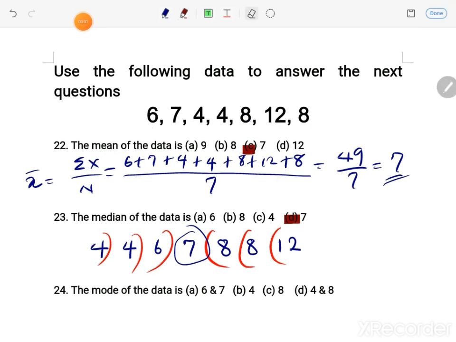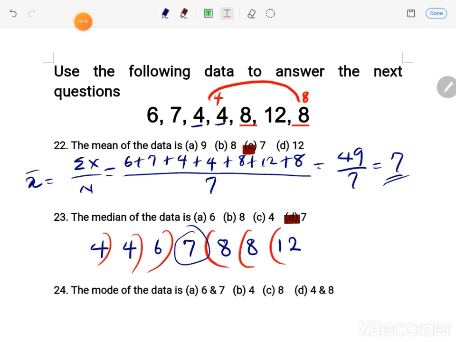Now, let's talk about the mode. In this distribution, we notice that we have 4, and we also have 8, which appears 2 times. In this case, the 2 different numbers are going to be taken as the modes. 4 and 8 are the modes of this distribution.